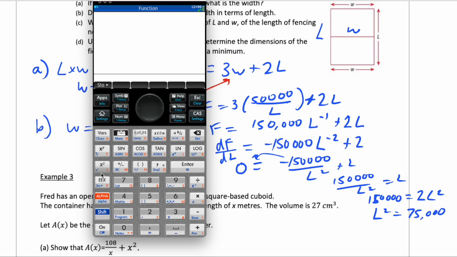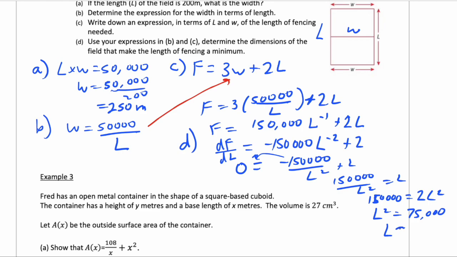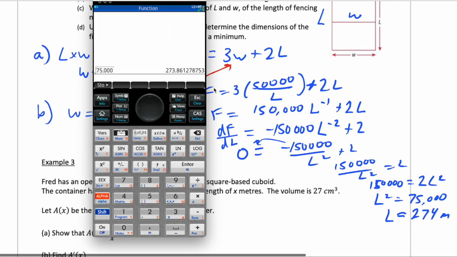Square root of 75,000 is 274 meters, and to get the width, it's just 50,000 divided by the length.